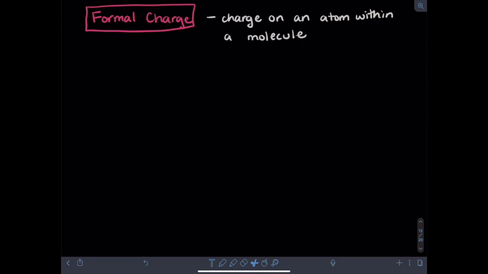I now want to bring up the concept of formal charge, which I mentioned earlier, which is a measure of the charge on an atom within a molecule. Most atoms in a molecule will have a 0 formal charge and nothing will be written, but sometimes you'll see an atom with a -1 or a +1 formal charge.